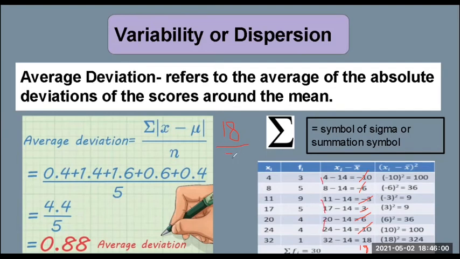So 18 divided by 7 will be, our average deviation is 2.57. So that will be our average deviation.